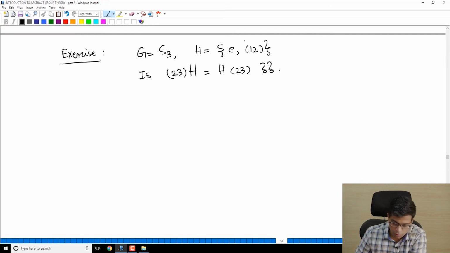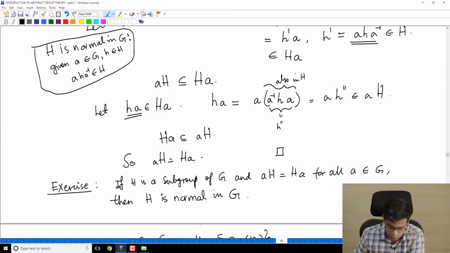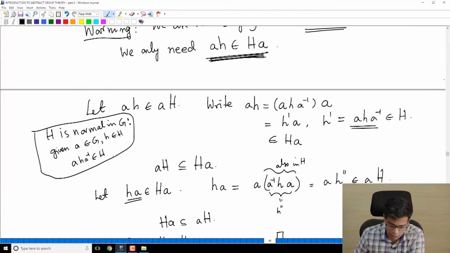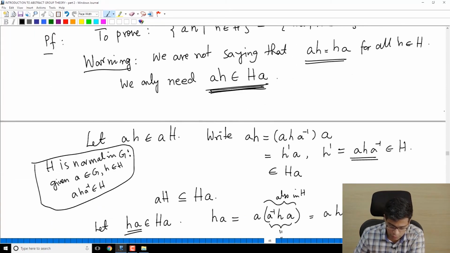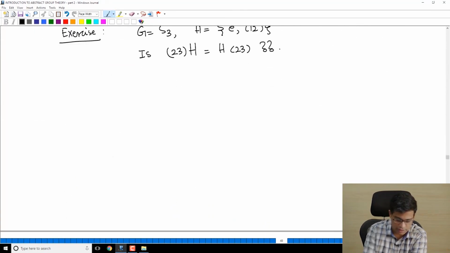Okay, so now let's come back to normal subgroups. In a normal subgroup, we have AH equals HA. Now I'm going to prove the main result that we want. Proposition.